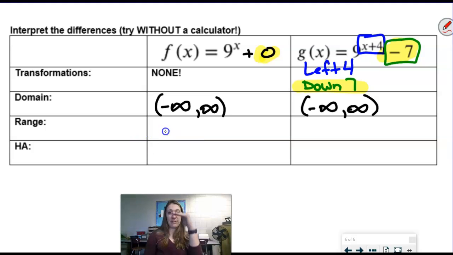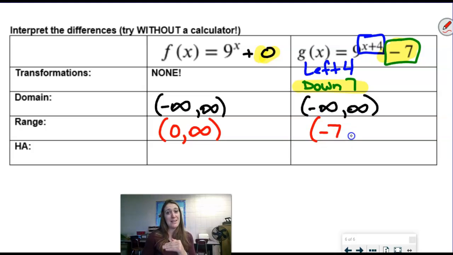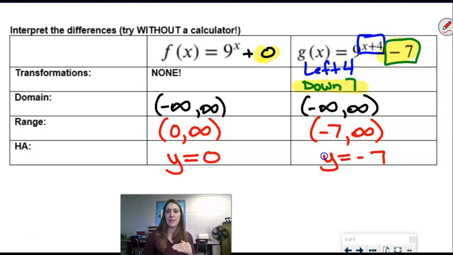This one, not having shifted up or down, has a range from 0 to infinity, using a parenthesis again, like the first 3 questions we saw. But this one, since it was shifted down 7, the range would start at approaching negative 7 and go up to infinity, because your horizontal asymptote shifted. This one still has a horizontal asymptote at 0. There's been no shift. But this one, the horizontal asymptote is at y equals negative 7.